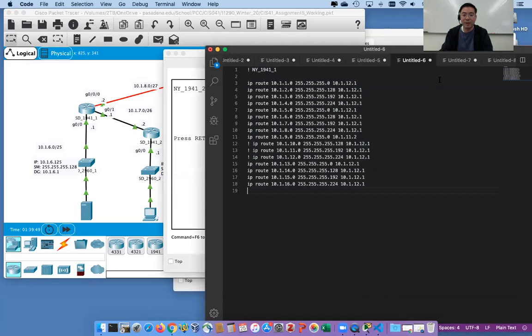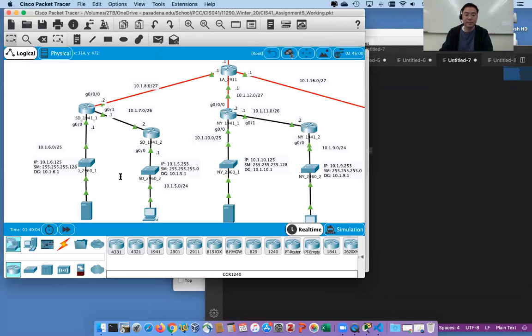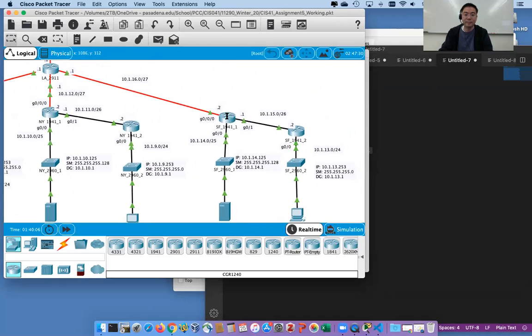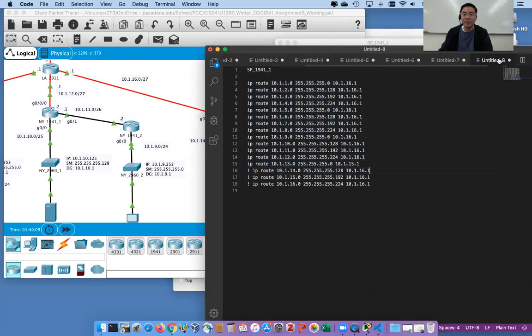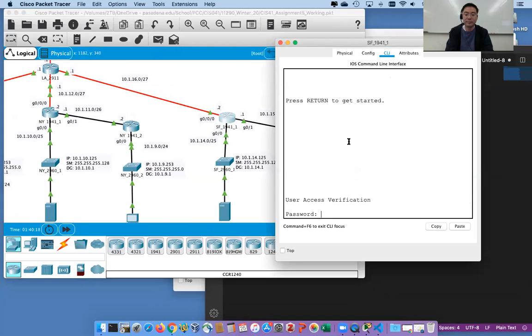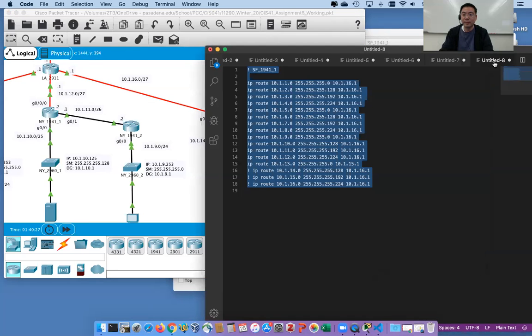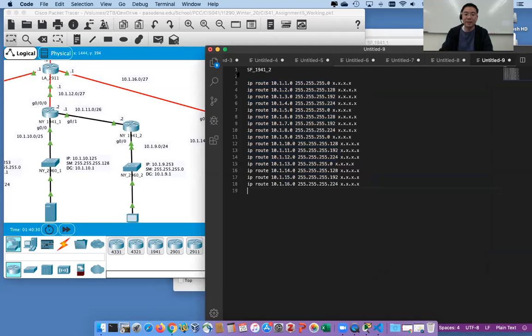NY, second NY router. Okay, and the SF router here. Okay, and the second one.